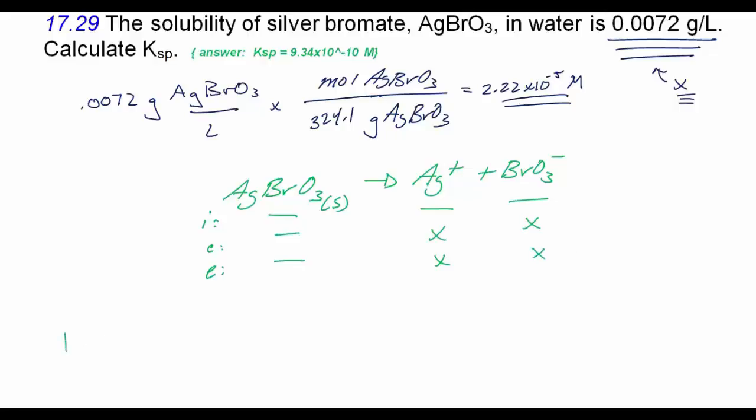So our KSP is going to be the concentration of silver ion times the concentration of bromate, which is just going to be X times X divided by 1. So that's going to be 2.22 times 10 to the negative 5, but squared. About 4.93 times 10 to the negative 10.